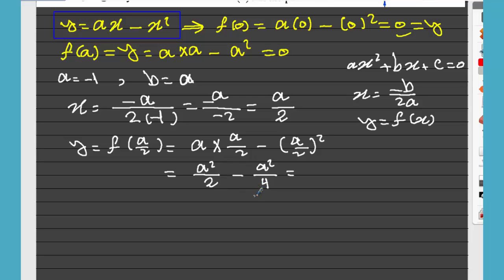Half minus a quarter equals 1 over 4, right? 1 over 4 a squared, which equals a squared over 4. Okay, the vertex of the curve: the first coordinate, the x coordinate, is a over 2, and the second is a squared over 4.